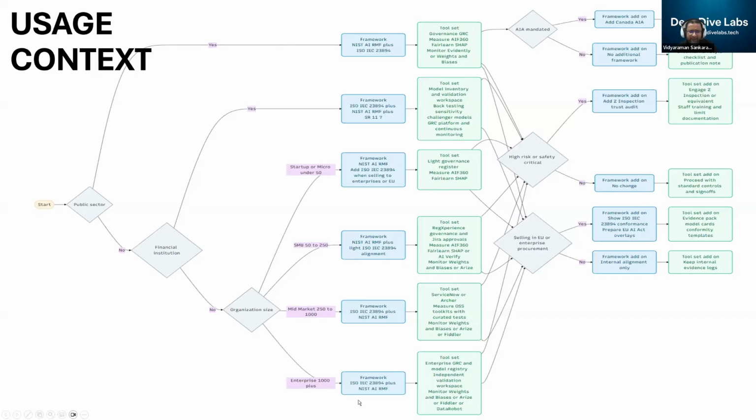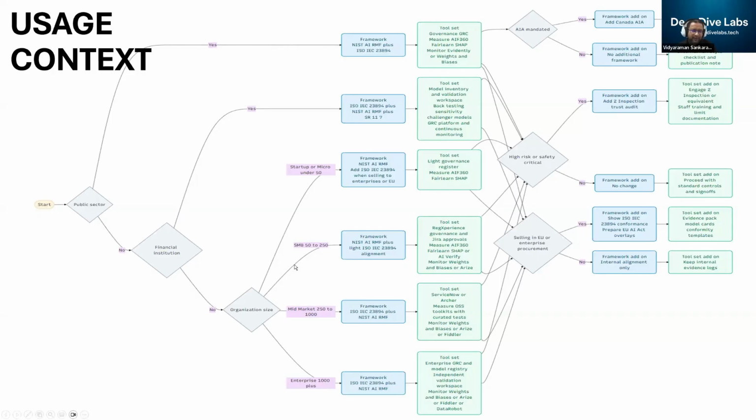For the mid-market or the enterprise, you probably need to understand larger GRC toolsets like ServiceNow, Archer, or there are a lot of others there as well. And even try to understand whether you're in a position to monitor the weights and biases, or even look at explainability or observability. The reason they are mentioned here, but to a lesser extent on the top, is that developing your own model based on data that you already have is much more involved work.